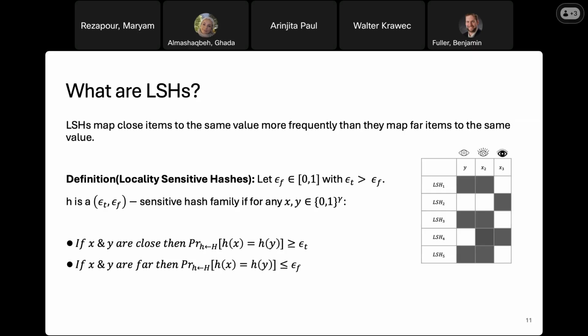As an example, let's say we have LSH1 through to LSH5, and we have 3 biometric readings: y, x2, and x3.